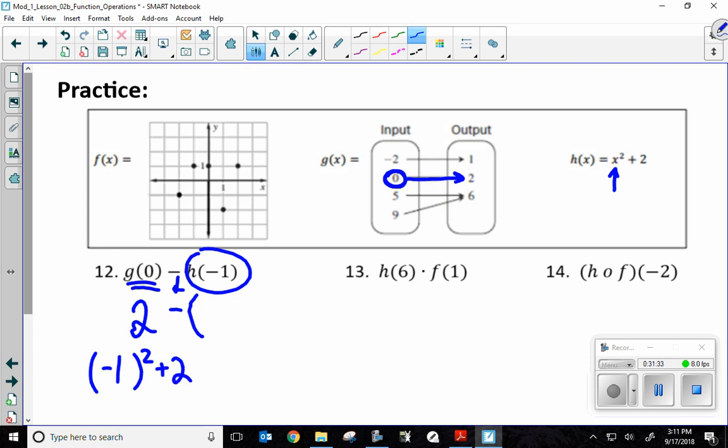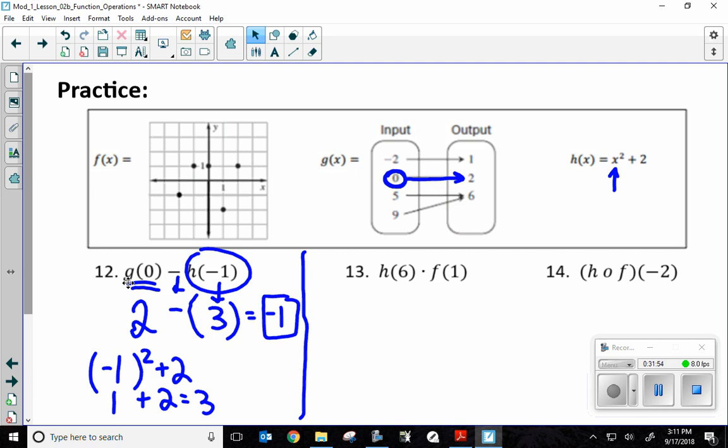Negative 1 squared, that is 1 plus 2, that's 3. So this value is 3. What happens if I have 2 and I subtract 3? I get negative 1.